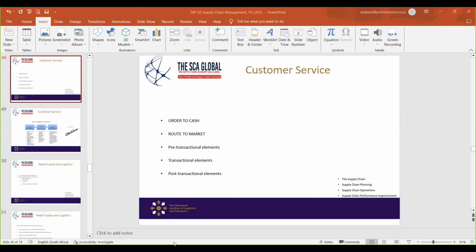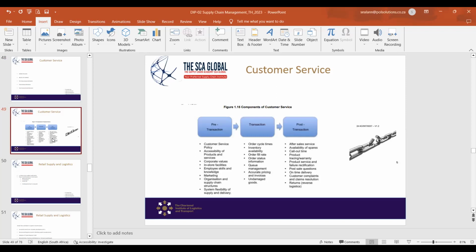Now, when we look at transactional elements, I'm just putting the screen up there. Transactional elements is made up of three parts. The first part is the pre-transaction.